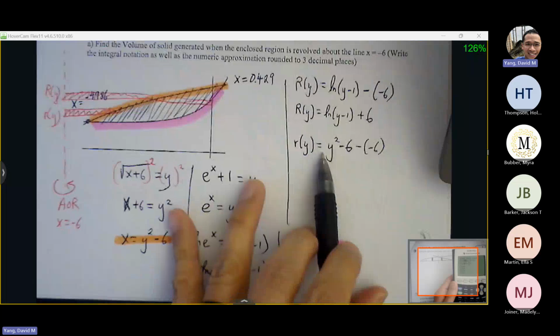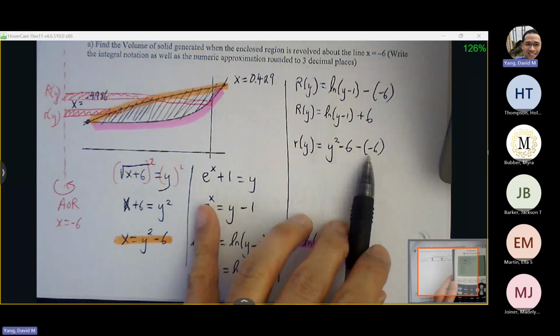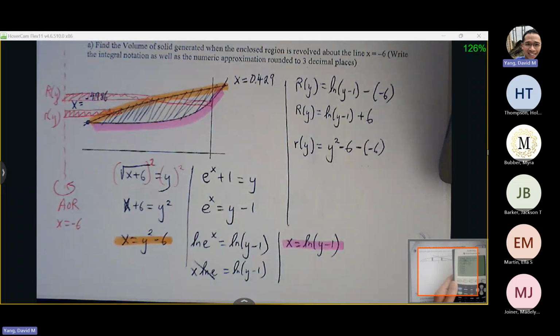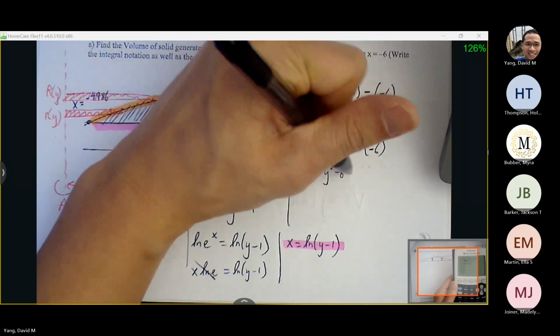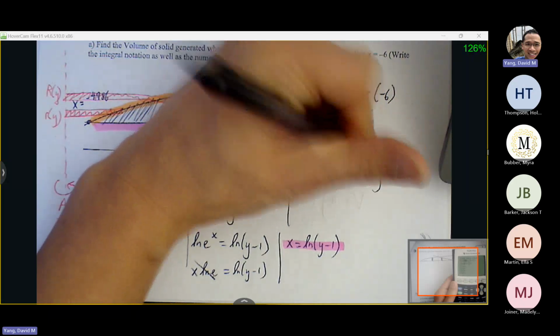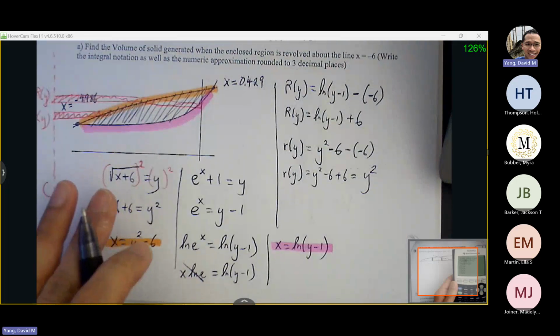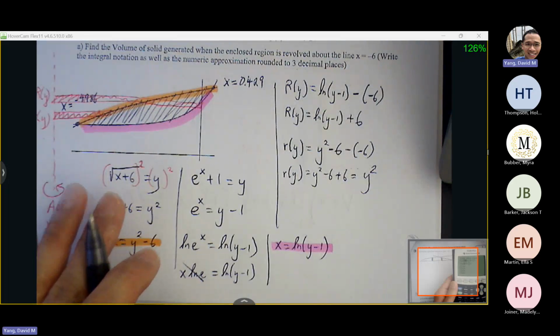So y squared minus 6 minus a negative 6, which is plus 6. So this cleans up all the way to just be y squared, because the negative 6 and plus 6 cancel out.